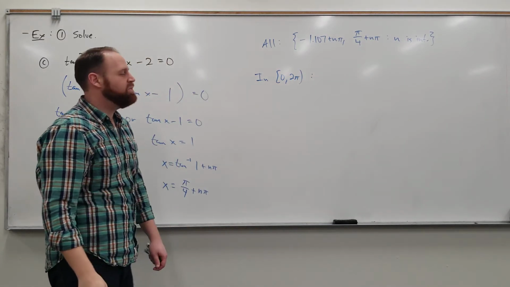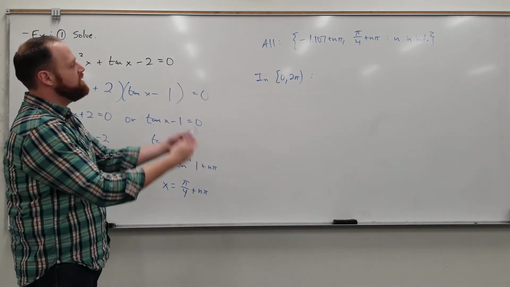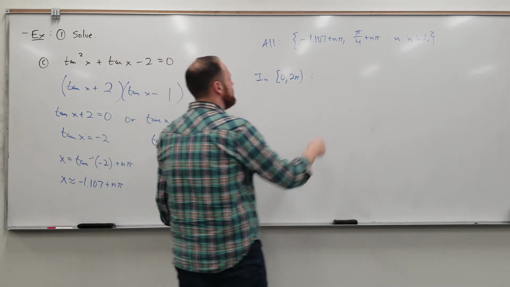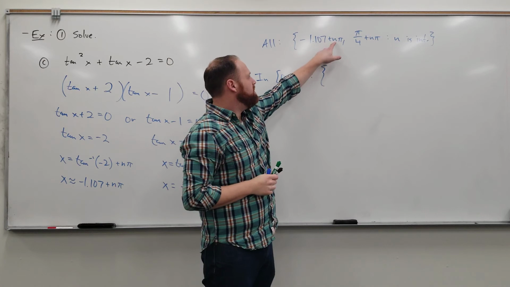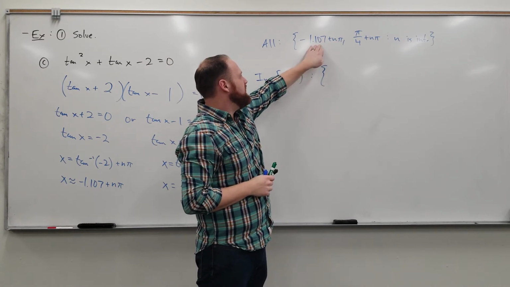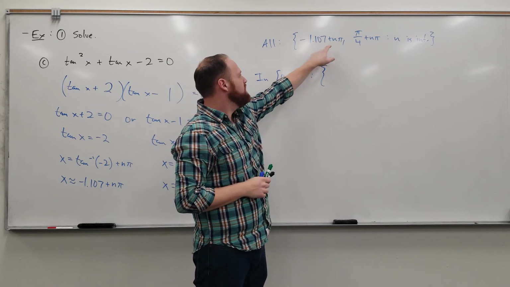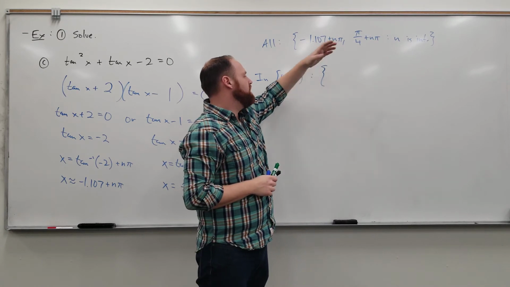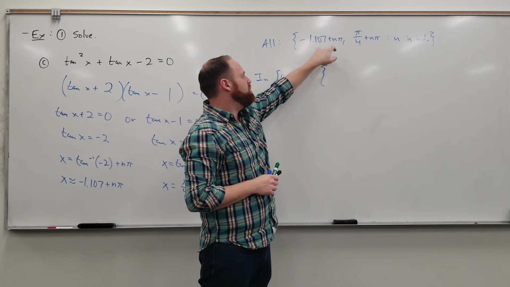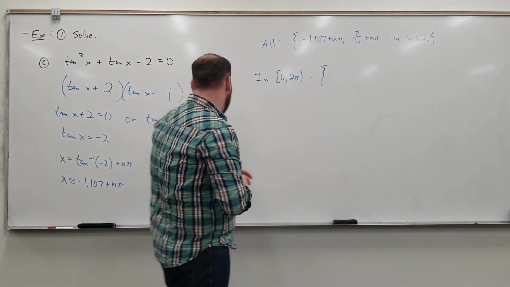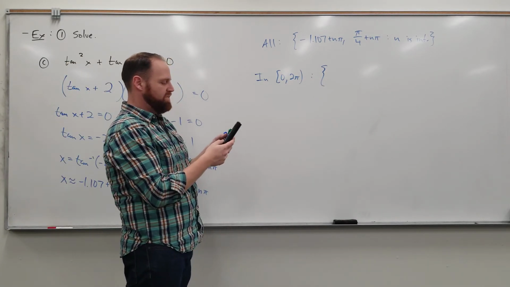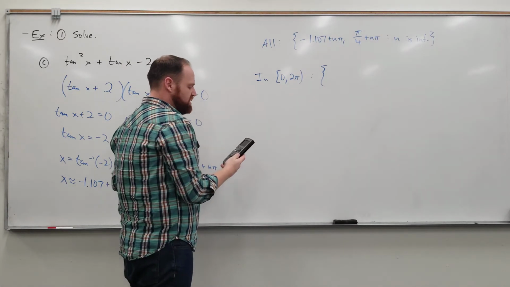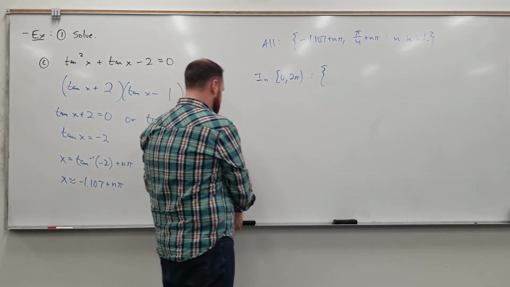Okay, if you're looking for the solutions that live between 0 and 2 pi, well then we would start plugging in numbers for n. If I plug in 0, I'm going to get a negative answer. That's too small. If I plug in 1, oh, then I get 3.14-ish, minus 1.107. So I'm going to say this thing plus pi is approximately 2.034.